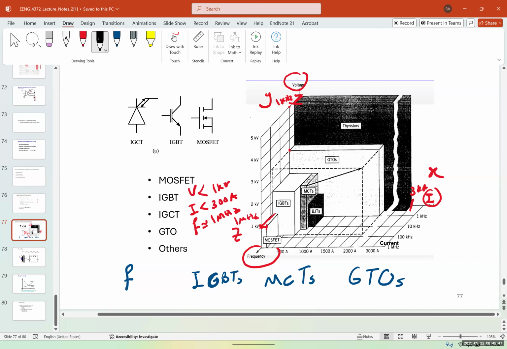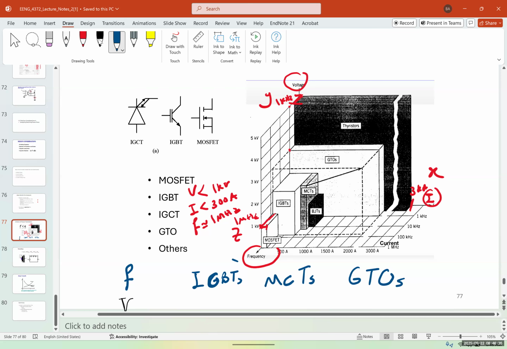I'm gonna write the voltage with V. Highest voltage rating. So which of these three has the highest frequency rating and which one has the highest voltage rating?